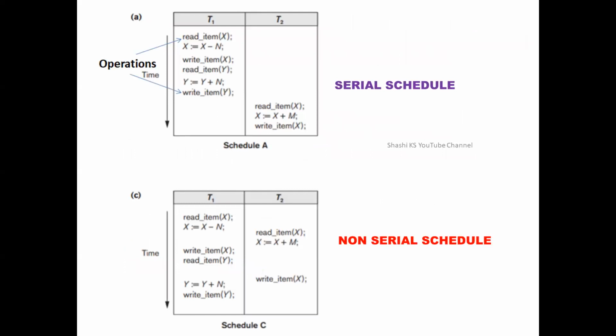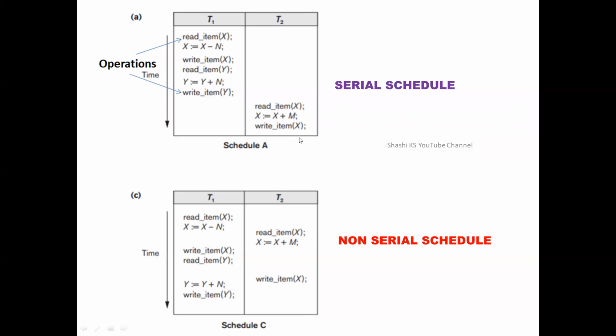So here I have given two examples, of a serial schedule and a non-serial schedule. What is the meaning of serial schedule? Let's say you have two transactions T1 and T2. Transaction T1 has 6 operations and transaction T2 has 3 operations. Transaction T2 starts its execution only after all the 6 operations of transaction T1 finish their execution. This is called serial schedule.